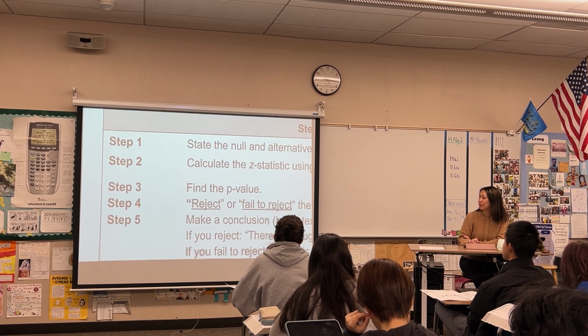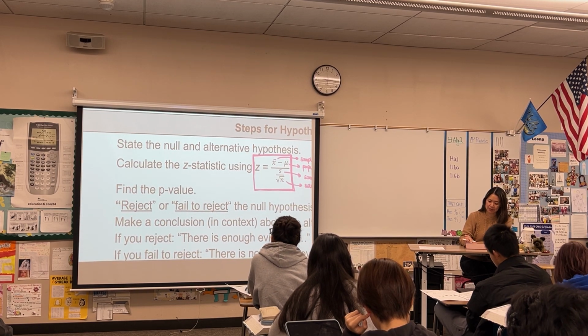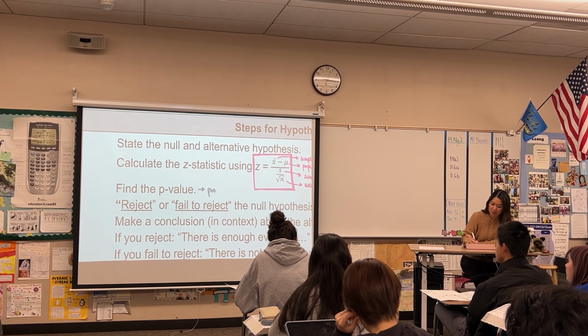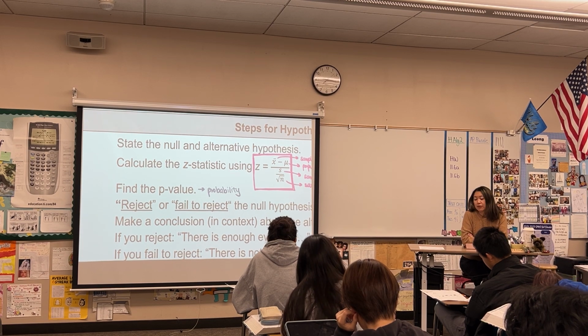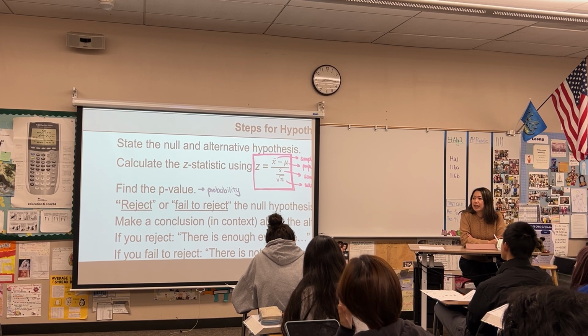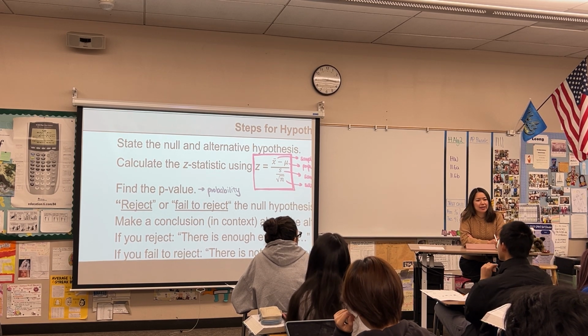Okay, so step 3, we're going to find the p-value. So what is the p-value? The p-value is a probability. Knowing it's a probability is good, because if you get a p-value of like 3, you might be on the wrong track.